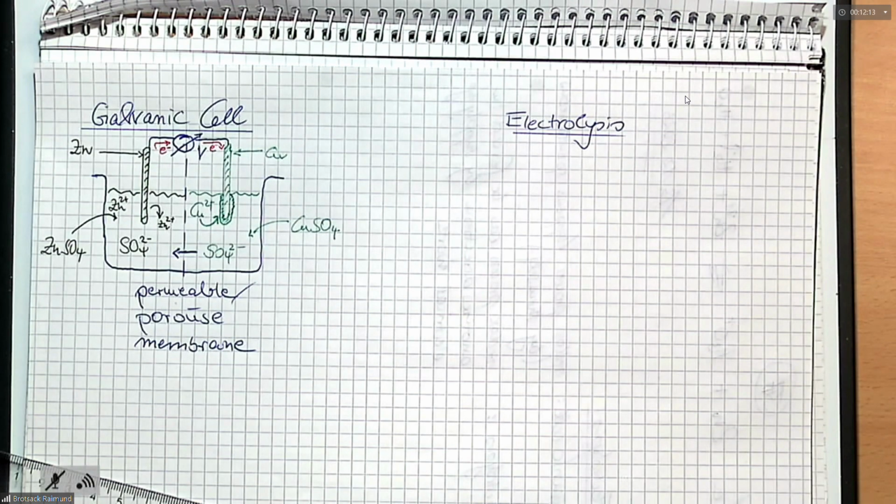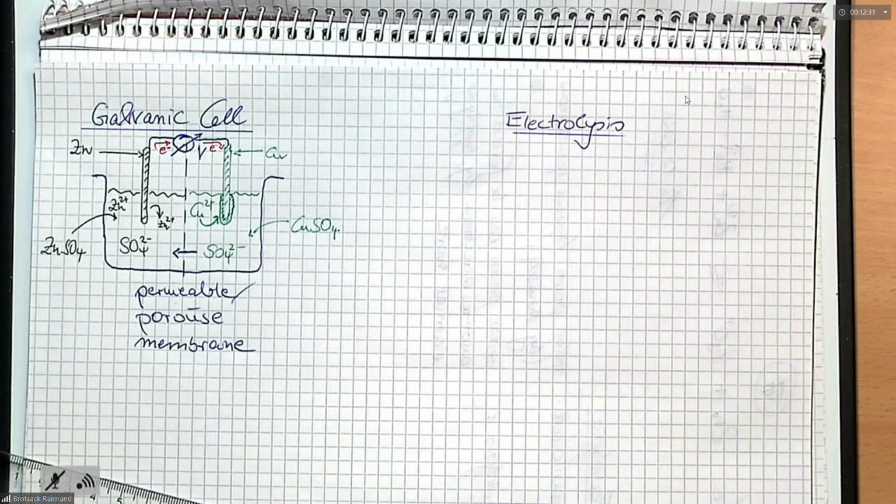So we have fewer positive charges after a while. So when electrons move to the right, the negative charges of the sulfate ions can move through the membrane from the right to the left.